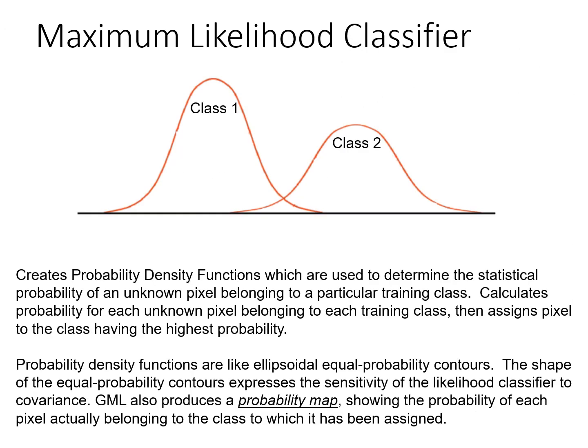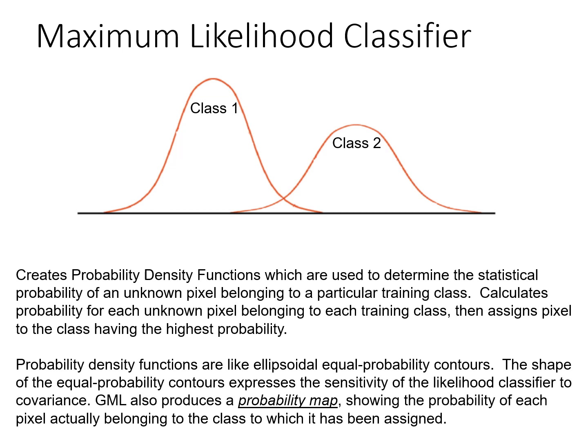The classifier that people have used for a very long time is the maximum likelihood classifier. The maximum likelihood classifier creates probability density functions, basically bell curves, like I've shown here for class 1 and class 2. And that's what you use to determine the probability of an unknown pixel belonging to a particular training class.